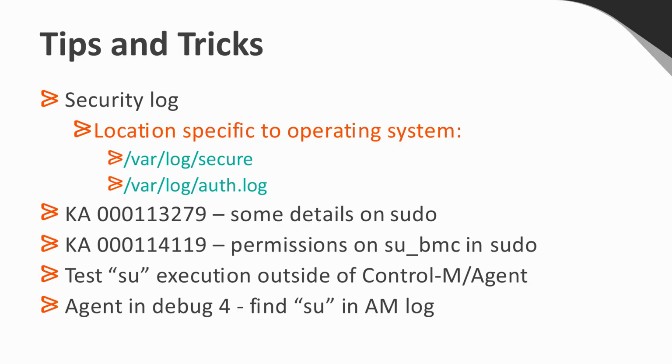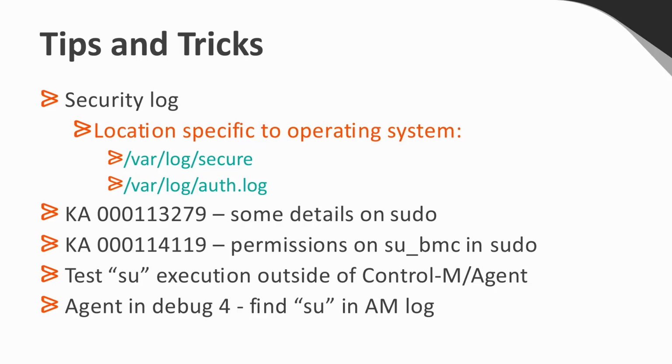Now, in terms of troubleshooting, what we can do is typically from a Control-M perspective, if something works from outside of Control-M, we would expect it to work inside of Control-M. And this takes us to an execution failing.